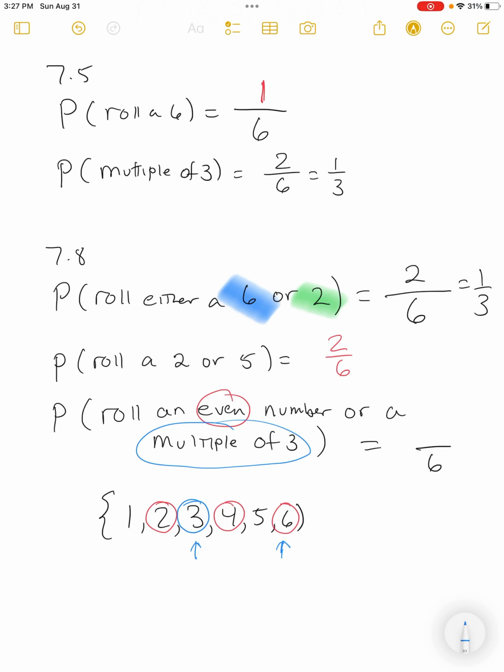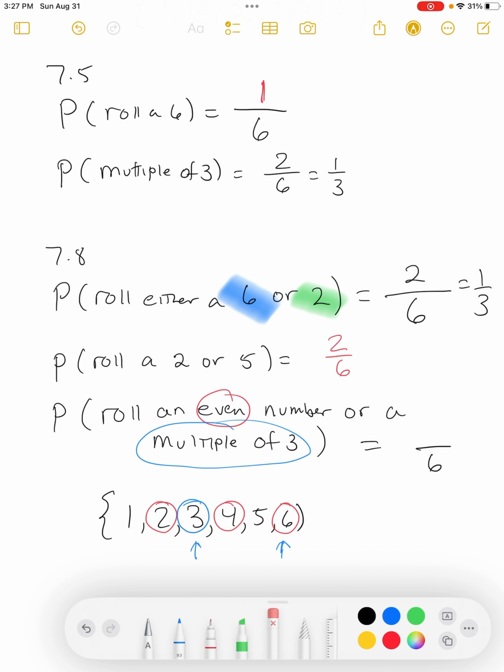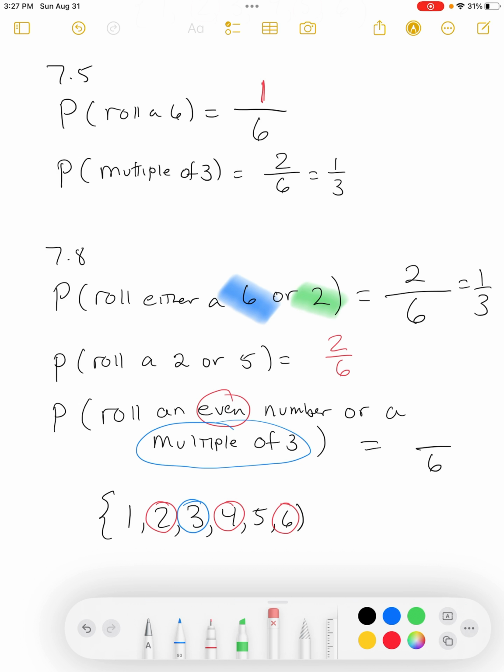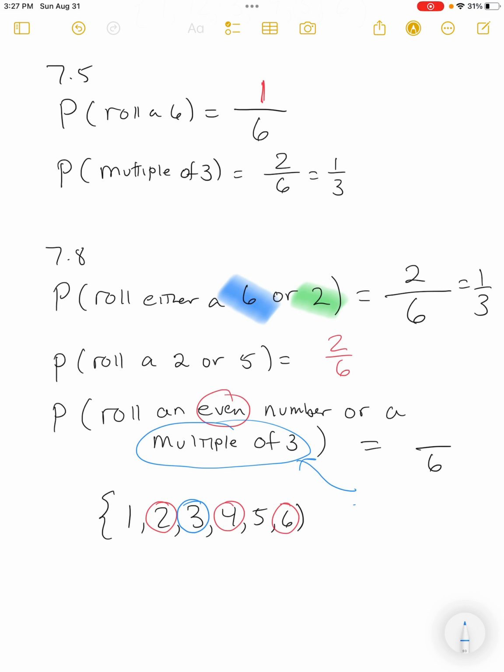But if we have the presence of mind to ask ourselves the question, when we go to do that second thing, the question wasn't how many multiples of 3 are there. Here's the question. The question when we go to this second one is, are there any other outcomes that are multiples of 3?